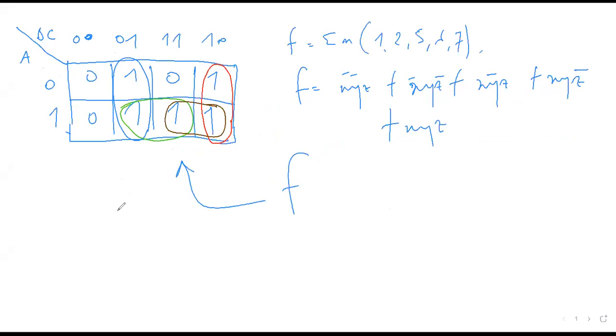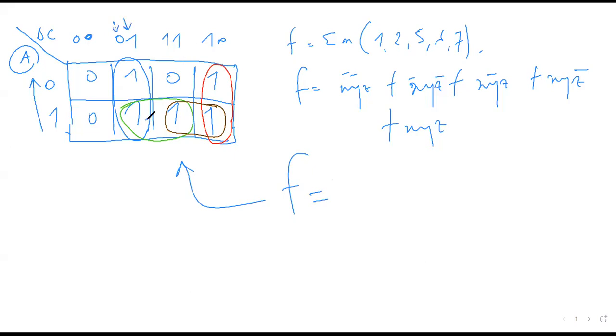Let's start with the blue group. If we move along the group, in this direction, the variable a changes from 1 to 0. It doesn't remain constant. So the variable a is out. However, these two variables remain the same.